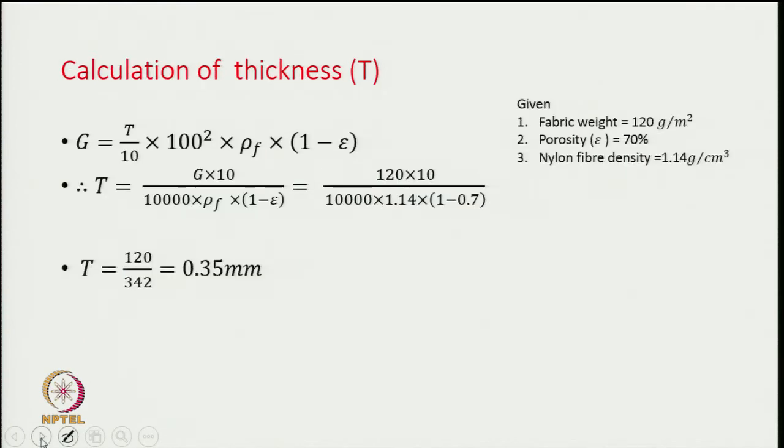From there, since G is as stated in the previous equation, we can find out what should be my T, very simple. We make use of that equation to find the value of T, which gives me 0.35 mm. That means we have to make a very thin fabric, only 0.35 mm in this particular case.